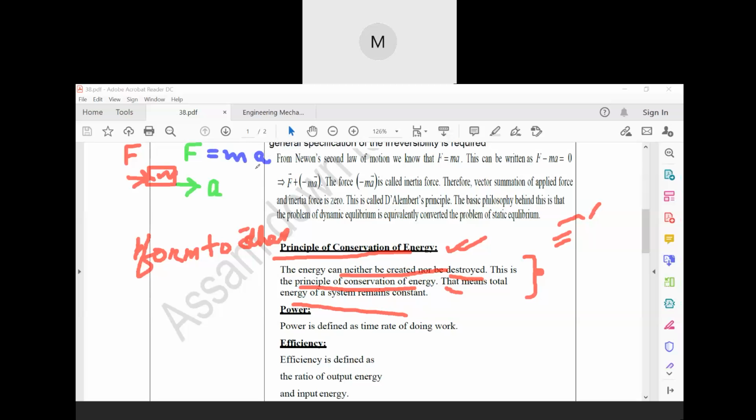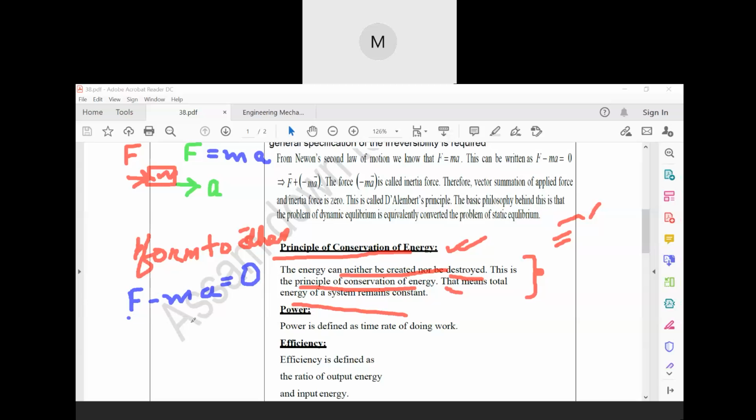So if F equals ma, then we can write this like this: F minus ma is equal to what? 0. You can write this like this or not?